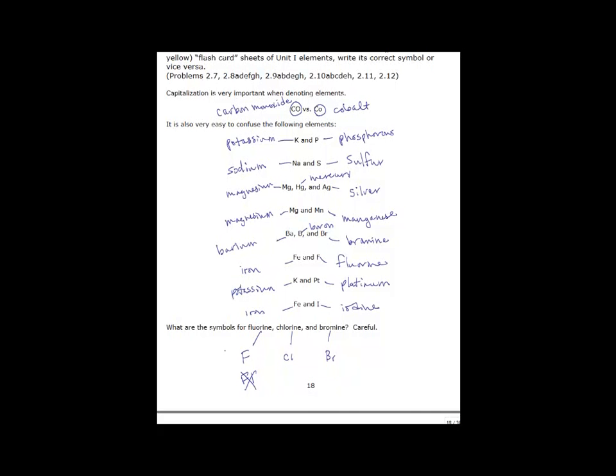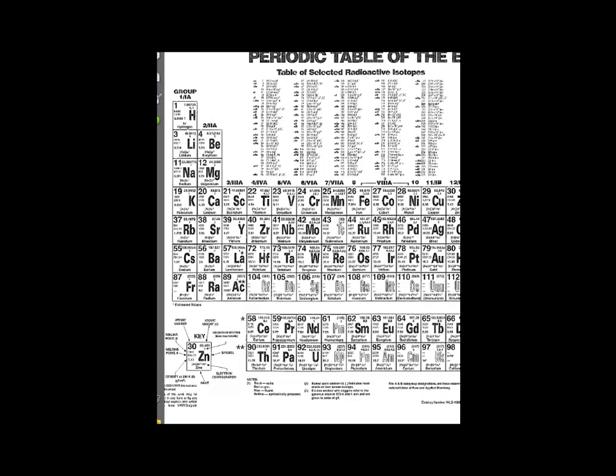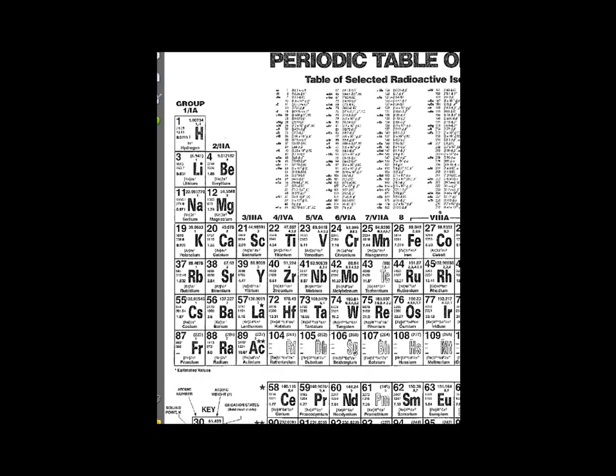Now, the periodic table that I gave you the first week of classes is going to be very handy to have around for this section of Unit 1. So I'm going to refer to it. I have it right here. The nice thing about this periodic table is it does have the element symbols and their names.